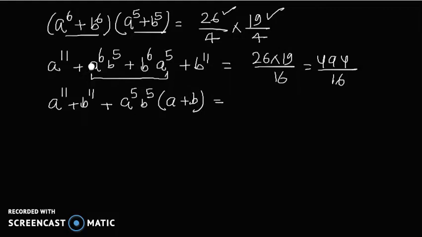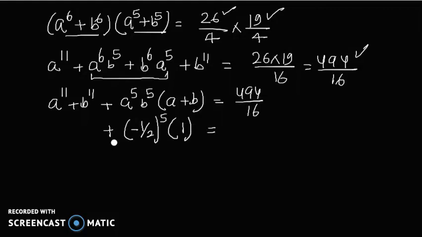So a raised to power 6, b raised to power 5, and b raised to power 6 and times a raised to power 5. So ultimately this value I have written here, and now you plug in the values of a, b. You remember I got earlier 1 by 2 raised to power 5, and a plus b is 1.